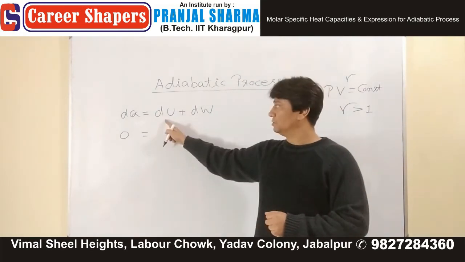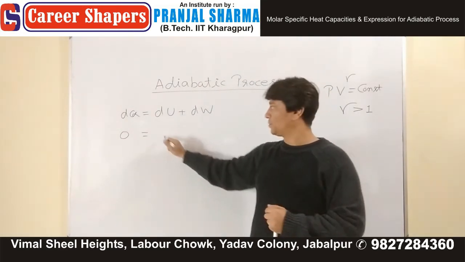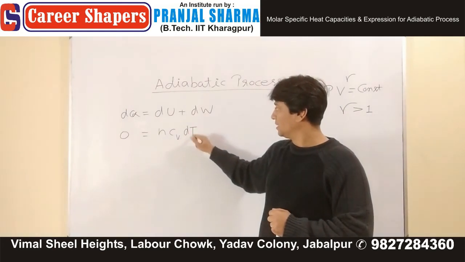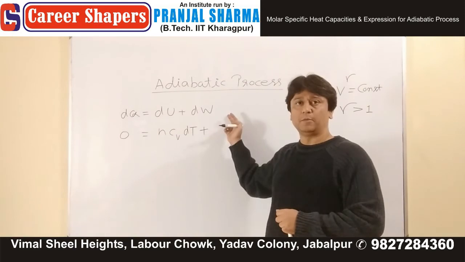What is dU? For any type of process whatsoever, it is nCv dT. What is dW?